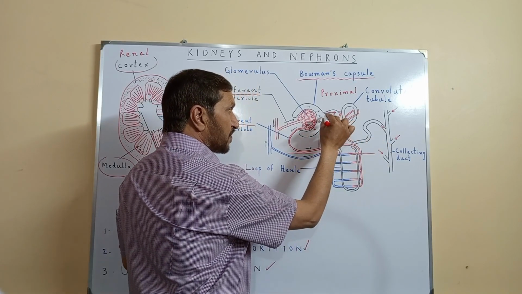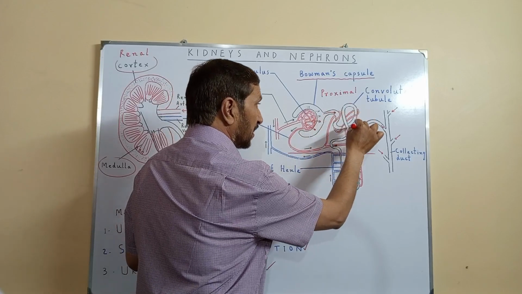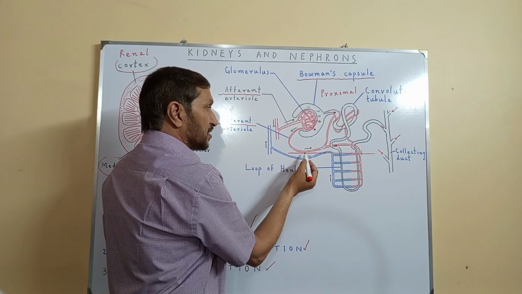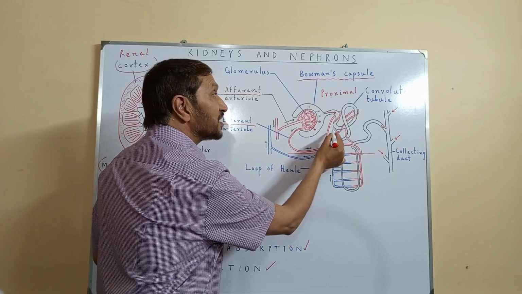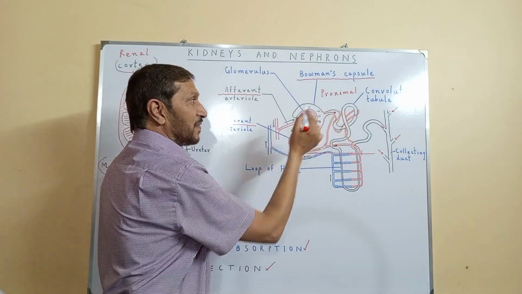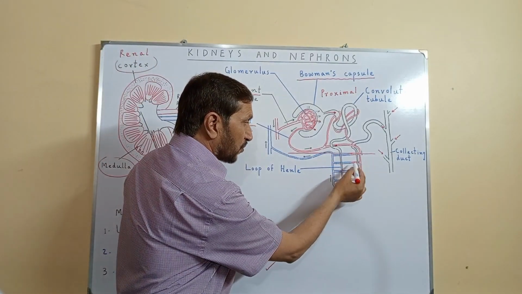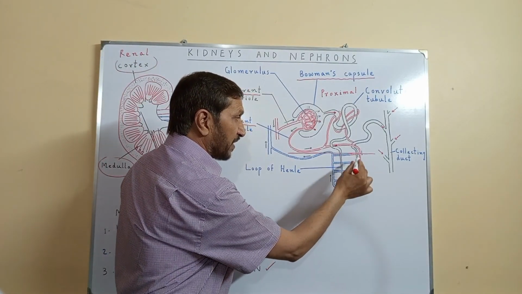When the filtrate is passing through the convoluted tubule, especially the proximal convoluted tubule, you can see that the blood capillaries are also chasing them, and also surrounding and chasing the loop of Henle.